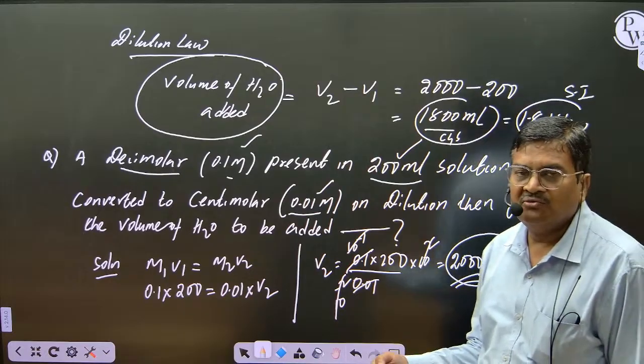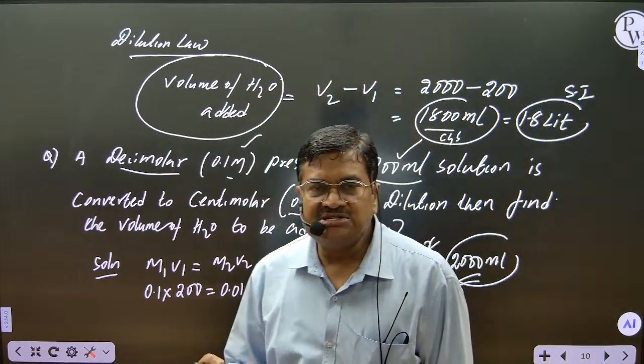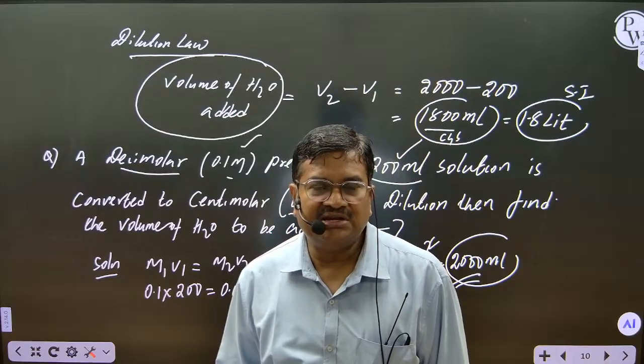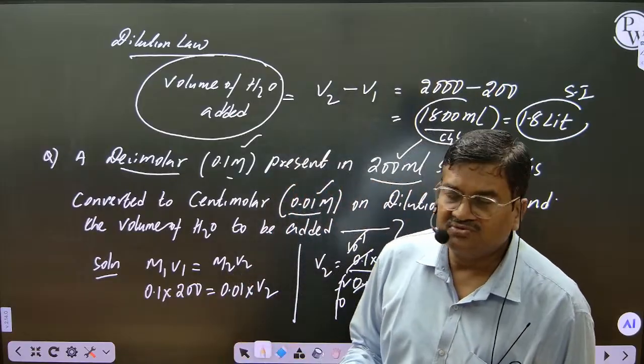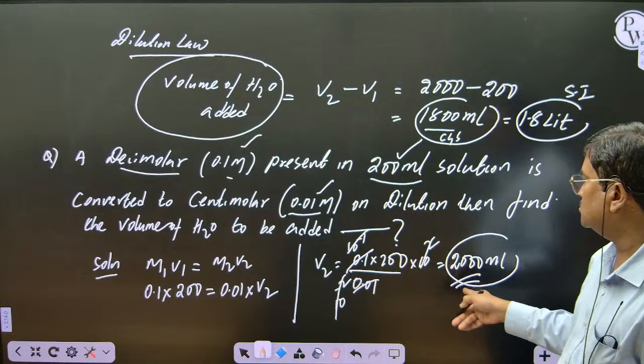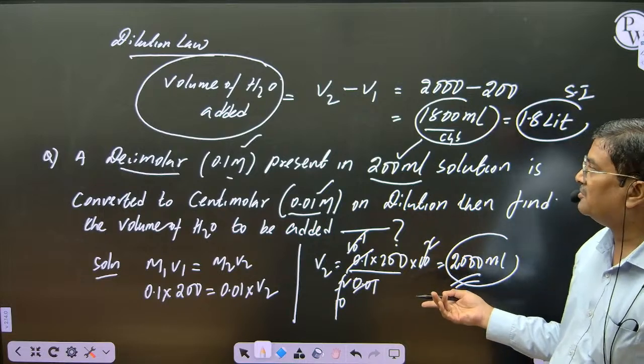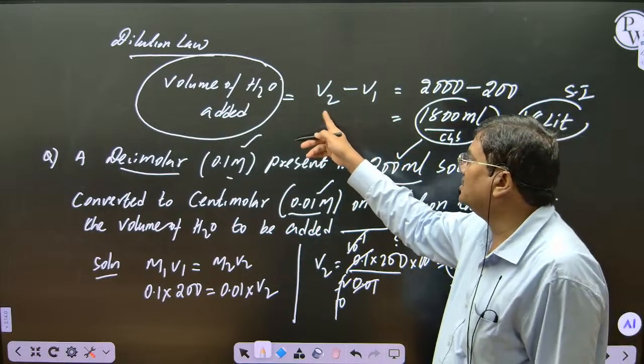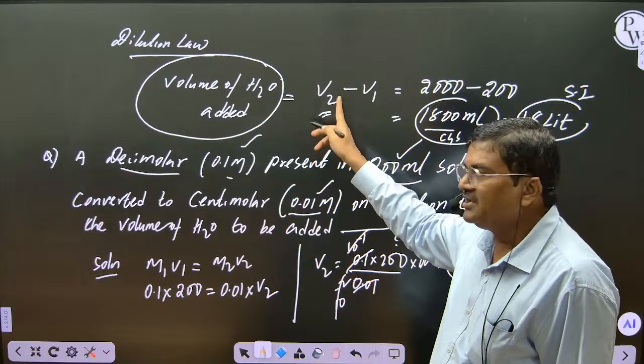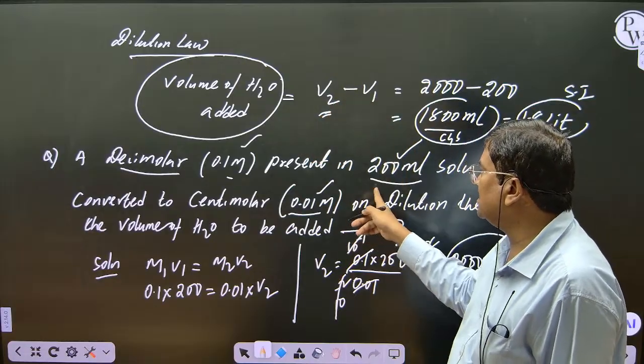What volume of water means to bring the initial concentration to the final concentration, additionally how much water we have added. So to find how much water is added, what do we do? First find out the final volume. After getting the final volume, subtract the initial volume.